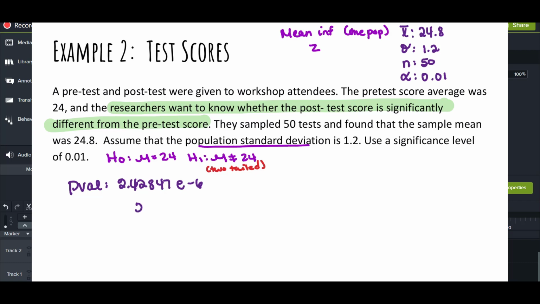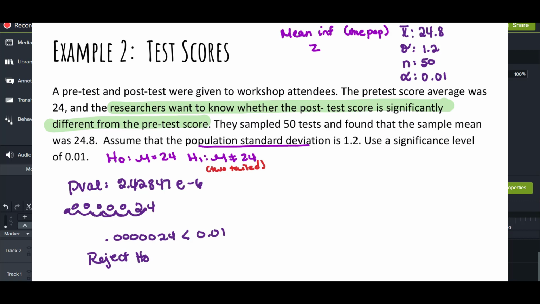We need to convert it to regular decimal notation. So we're going to move the decimal 1, 2, 3, 4, 5, 6. So you actually add 5 zeros in front. So we've got 0.0000024, and that is definitely less than 0.01. So if it's less, remember that you reject the null. And that is our decision.